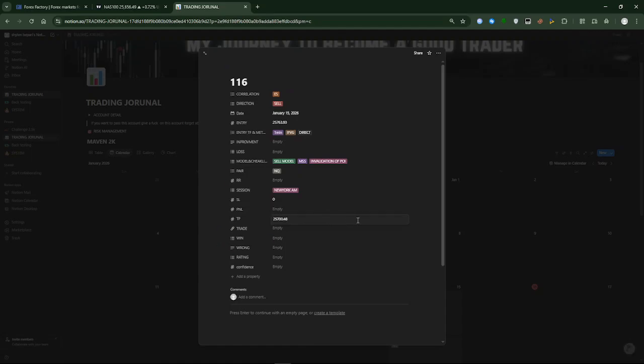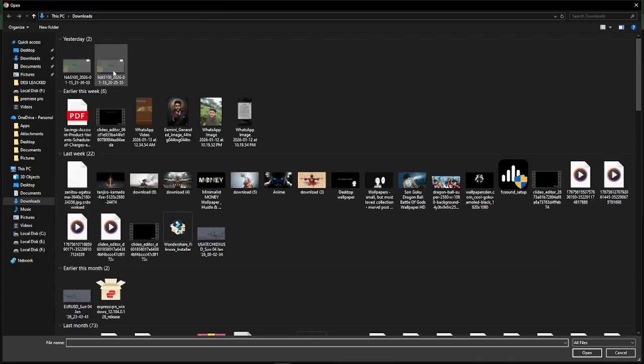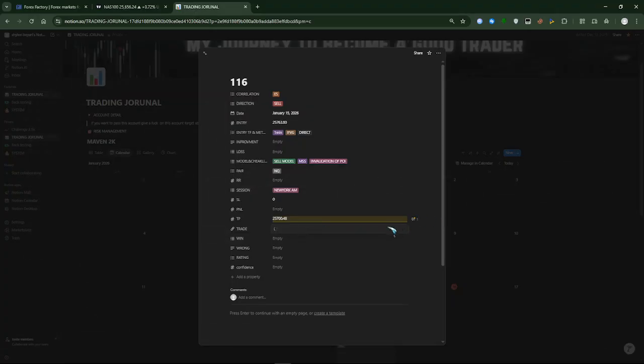So I'll just call it TP1. TP1 hit, rest ended up at BE. 70% out. Just call it here. 70% out, rest on BE.